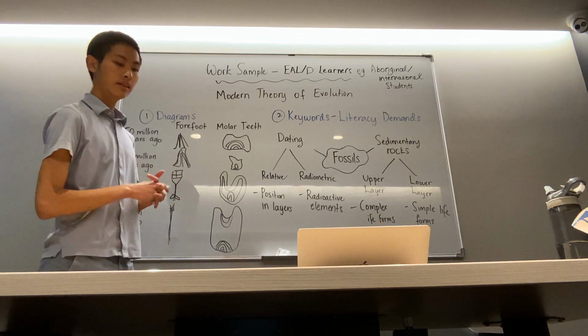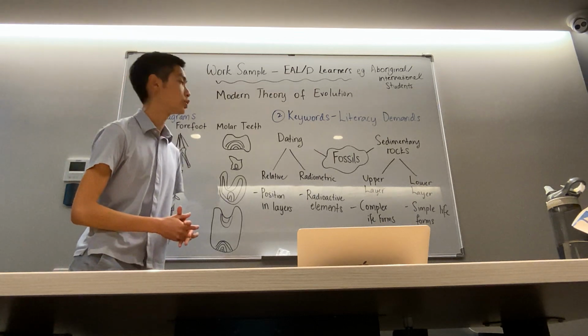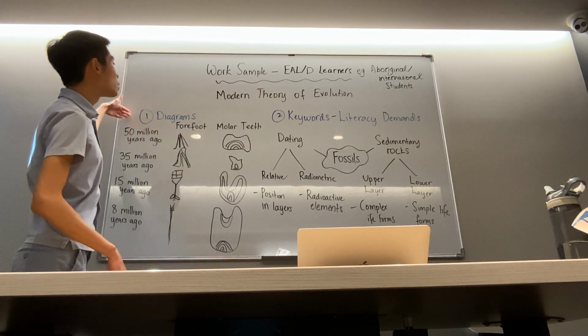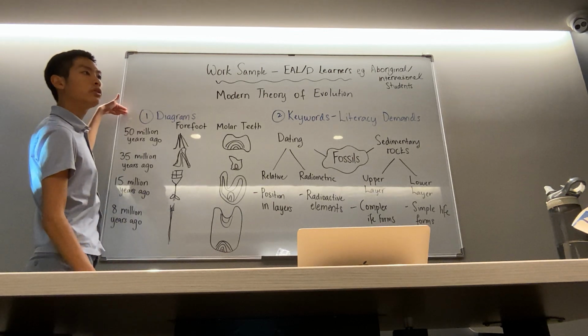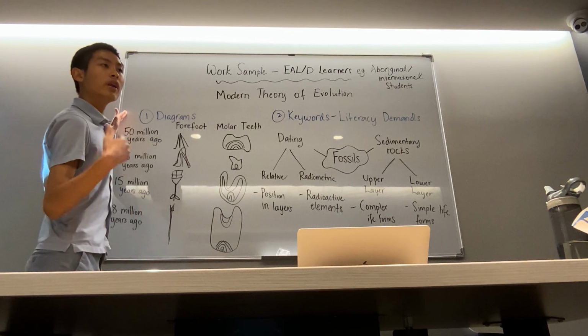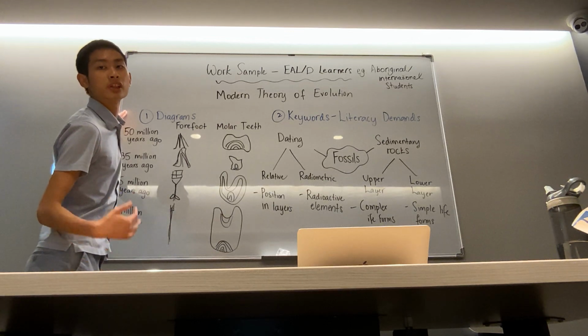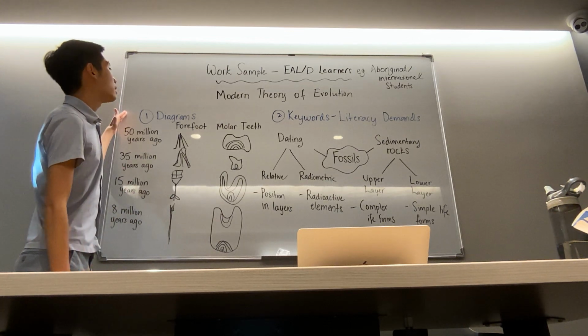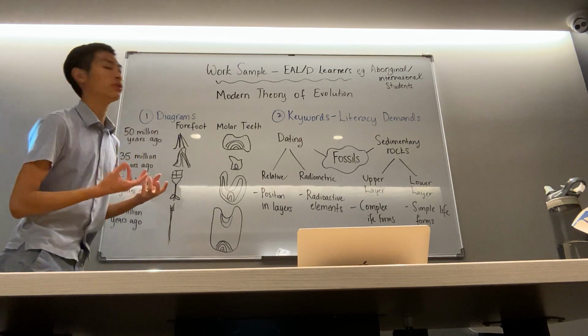So the first differentiation strategy that I have used would be to grade an Aboriginal student based on diagrams. One of the 8 ways of learning in Indigenous culture would be through visual cues.